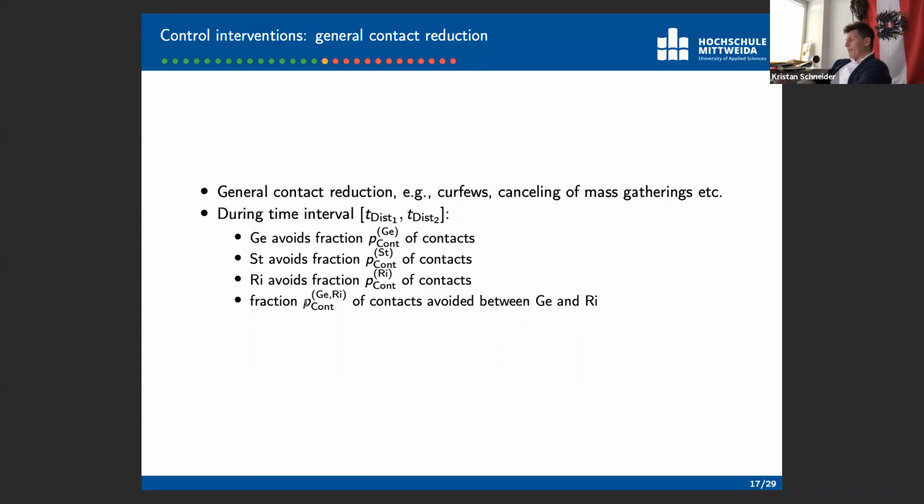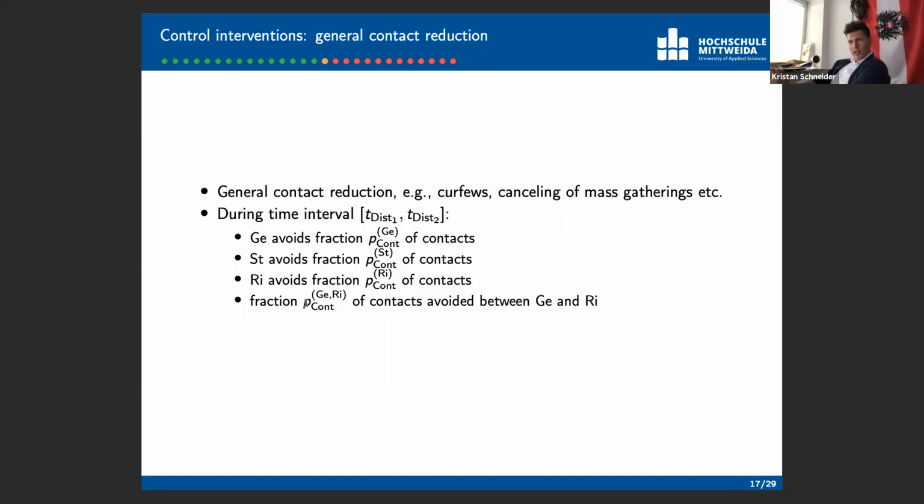The amount of contacts that you can avoid is also not even. In the staff population, the employees, the nurses, have to be in very close interactions. They have to nurse stationary patients, those residents in the facilities, so they cannot avoid each contact.